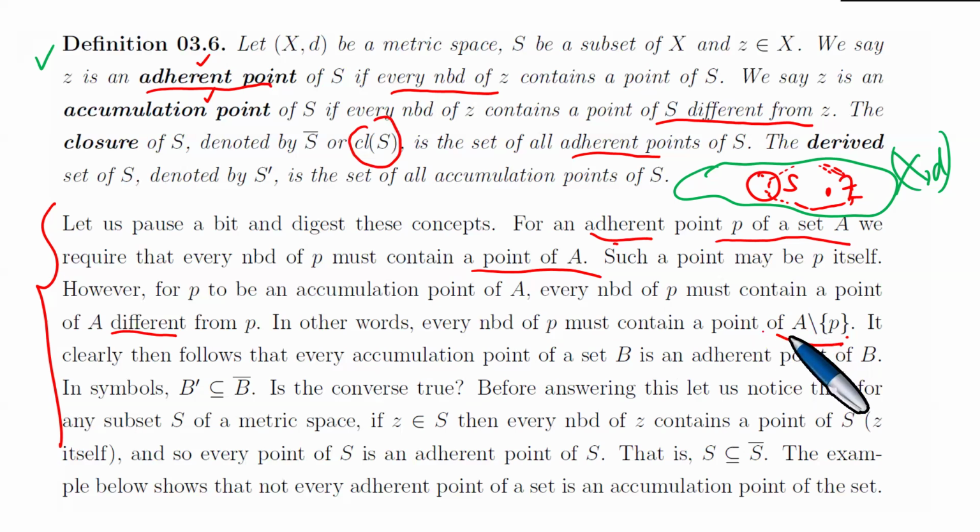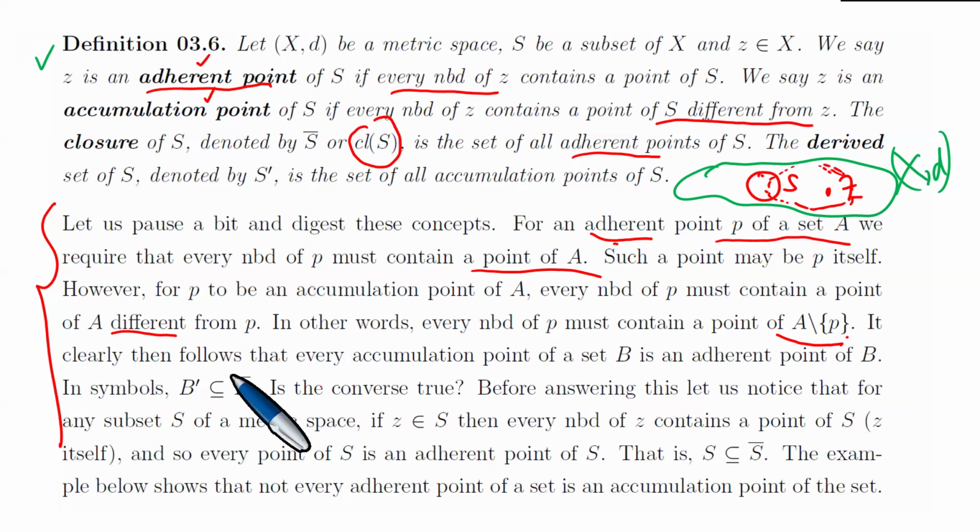It must be a point of the complement because it is a point of A different from P. If the point is different from P, then it must be in the complement of P. Otherwise, it can be the same as P, which becomes an adherent point. But the accumulation point must make sure that this point is in the complement of the region that contains P.